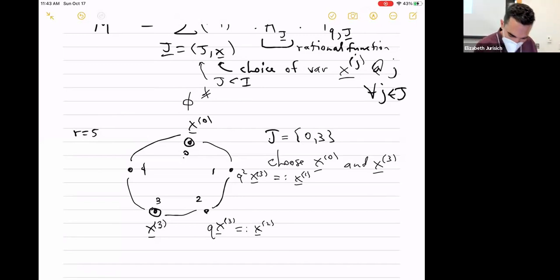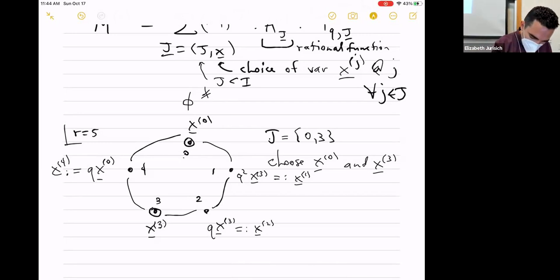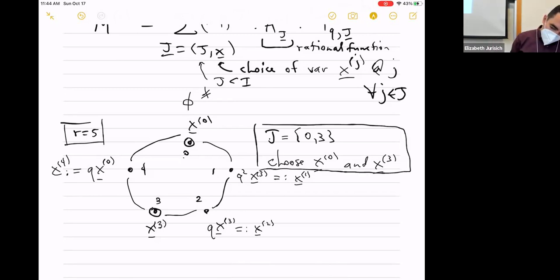So I need to call this one q x0, and that's what I call x4. So you make your choice up front, the J and the initial x bars, and then you propagate them around the quiver into the empty spaces. So the circled vertices are where I made initial choices, and then they get propagated around. So this is the initial data.